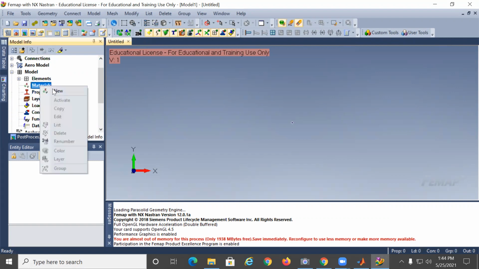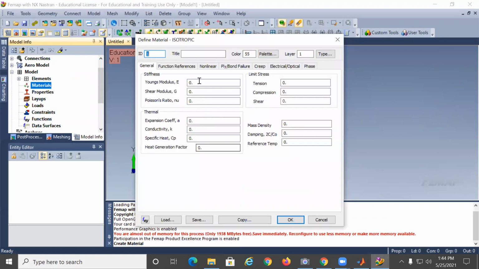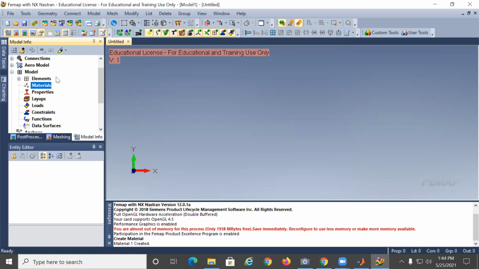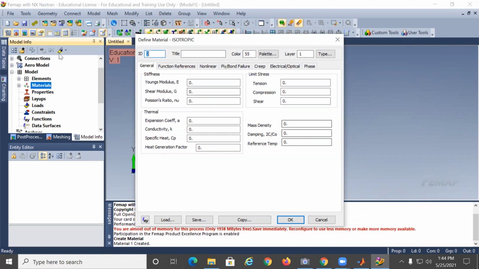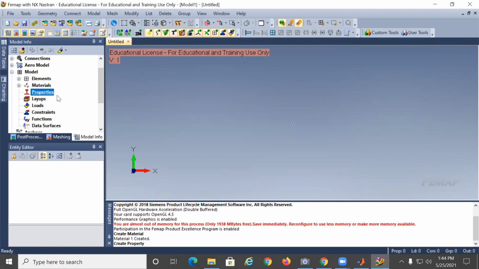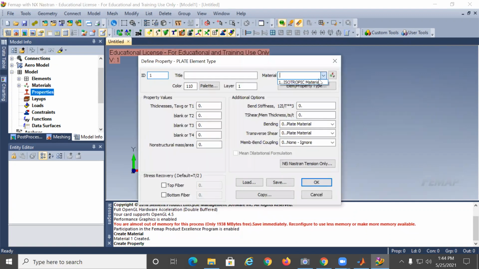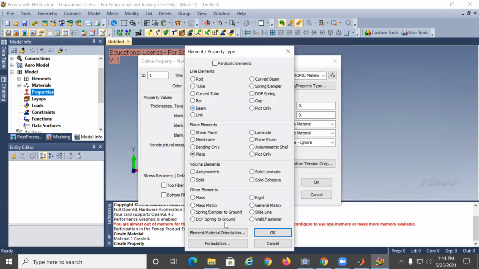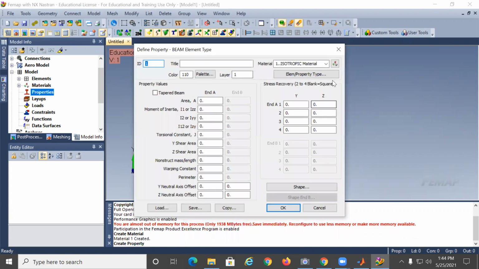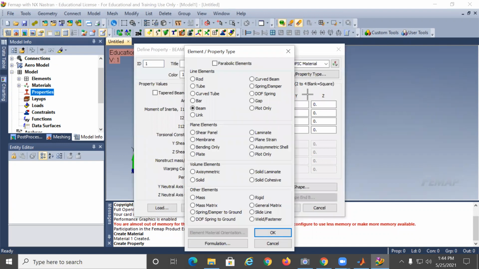First thing you need to do is create some material. In this case, I use structural steel, which is 200 to the 9. Here we can put 0.3. Again, this is structural steel. We just need that. Now, we're going to use the same property as last time. So we have this material, element property type beam.